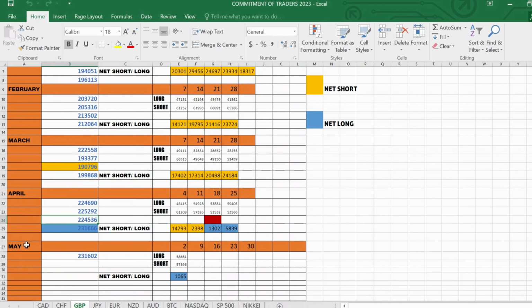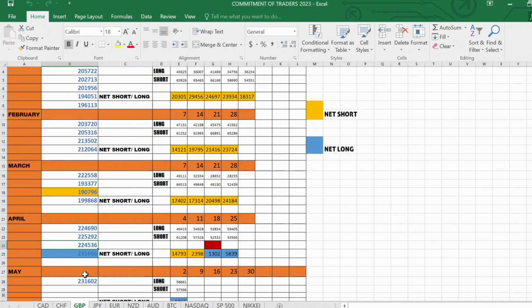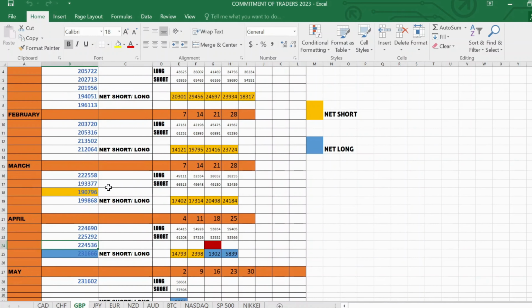This is where we see whether the volume is rising or falling. And we compare it to the previous volume. When you look at this column, you can see there is one that is highlighted in yellow color. And there is another one that is highlighted in blue color.